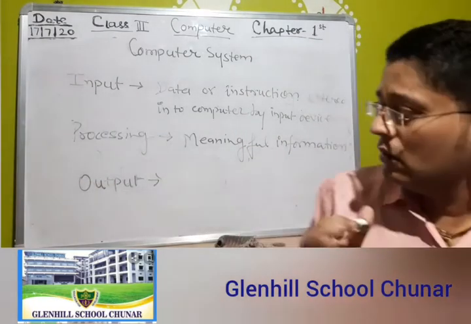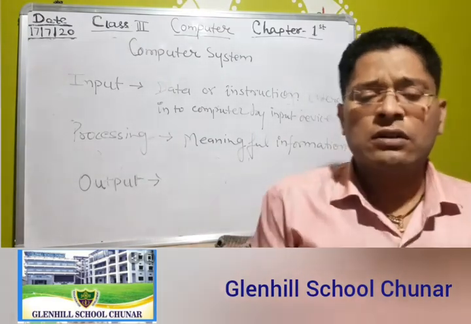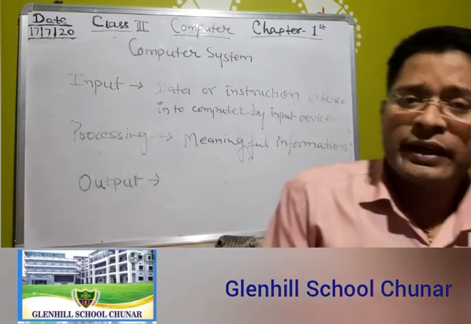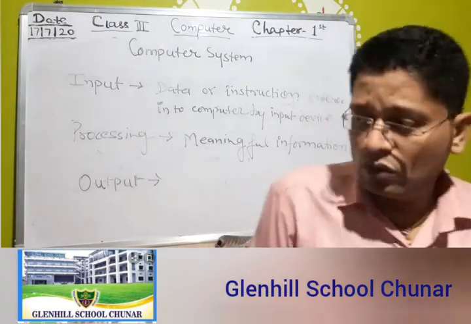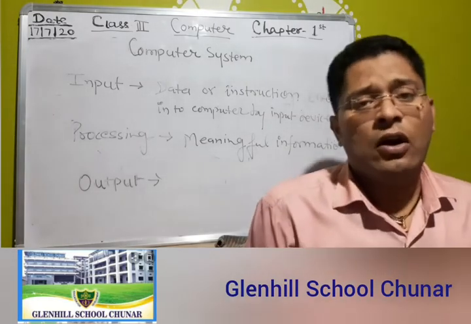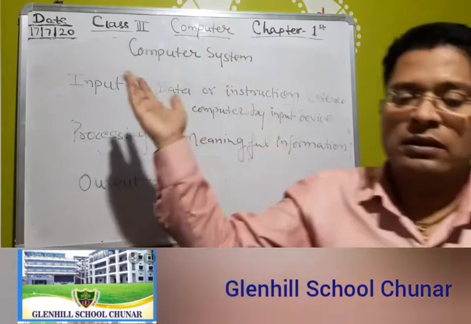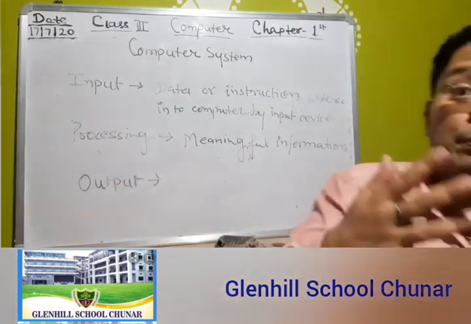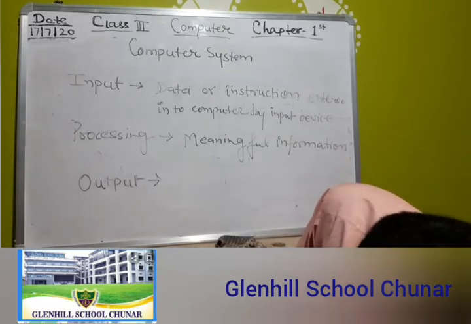Output is the result of data or information that we get after processing. We get output on different output devices like monitor, speaker and printer. Here are many examples of output devices.